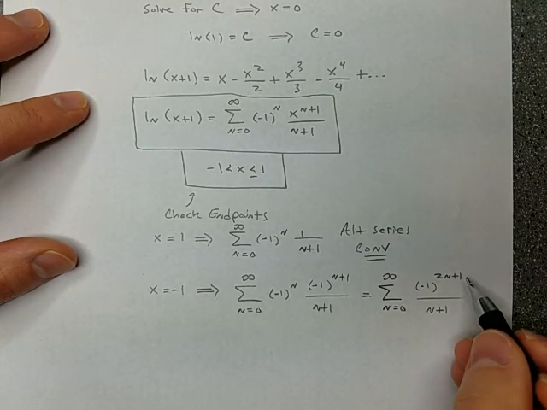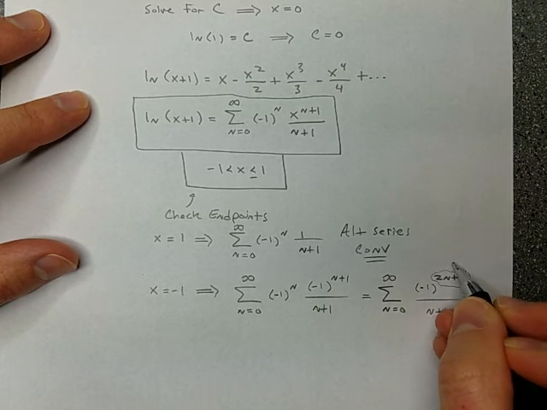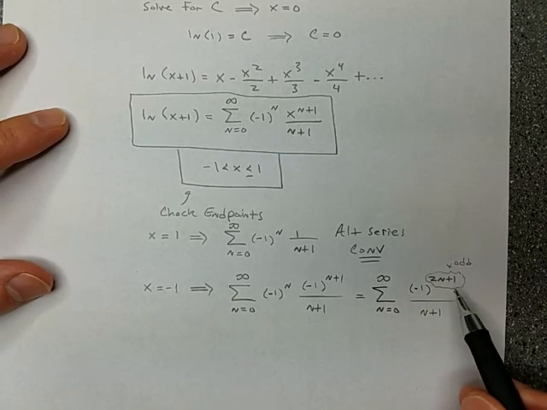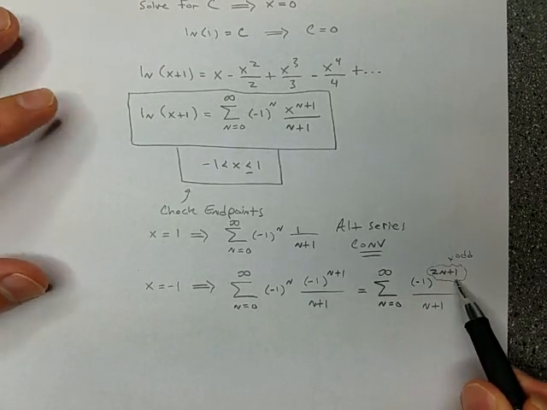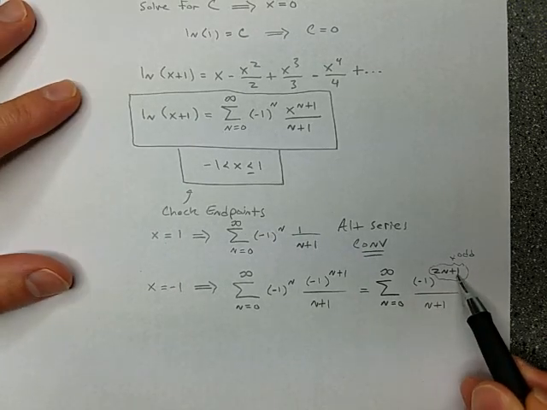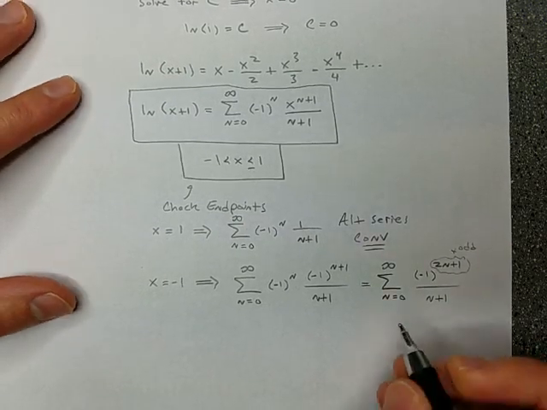And this is always going to be an odd power right there. If you want to see that, an even number is a multiple of 2, and an odd number is a multiple of 2 plus 1. If you put 0 in, it's 1. If you put 1 in, it's 3. If you put 2 in, it's 5. That's always going to be odd.